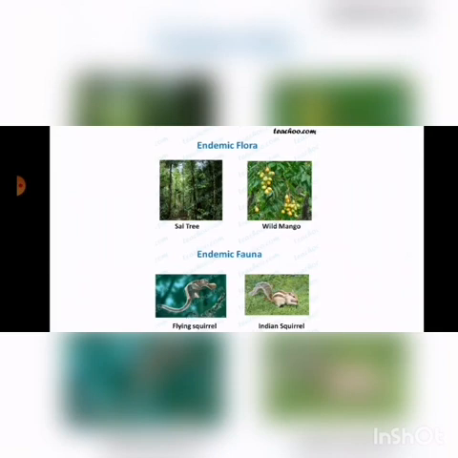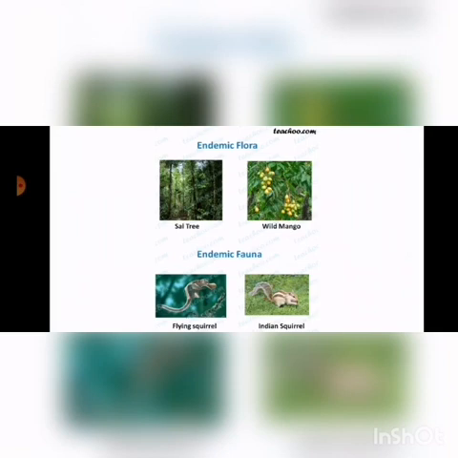You see the picture of the sal tree and wild mango. Endemic fauna of the Pachmarhi Biosphere Reserve includes bison, Indian giant squirrel and flying squirrel. You see that picture also.